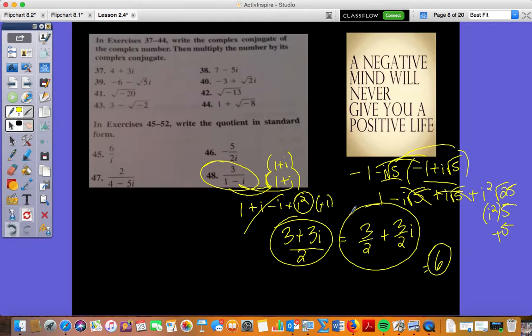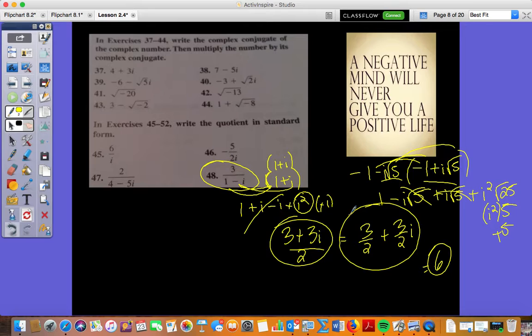So what is i times i? These are the same, right? So this should be i squared 5 right here. I put the i on the outside just so I'm not confused: i and then square root of 5, because it's the same. I don't like how they write it because it confuses me.